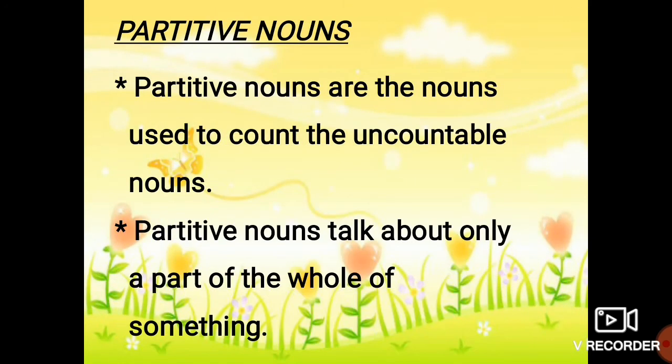Now students, we will understand partitive nouns. Partitive nouns are the nouns used to count the uncountable nouns. Partitive nouns talk about only a part of the whole of something.